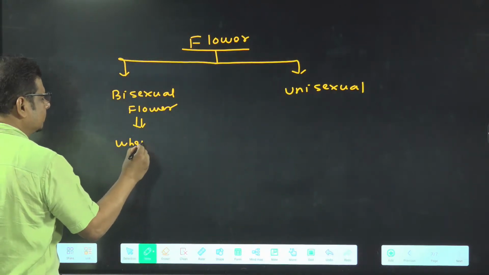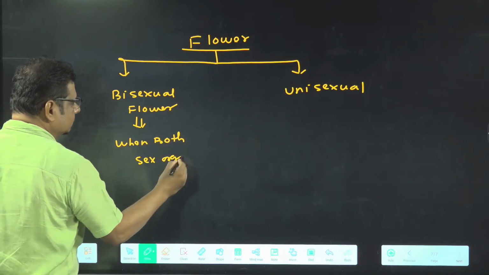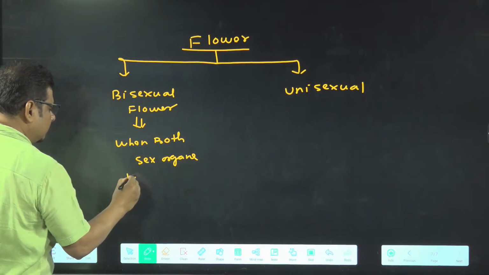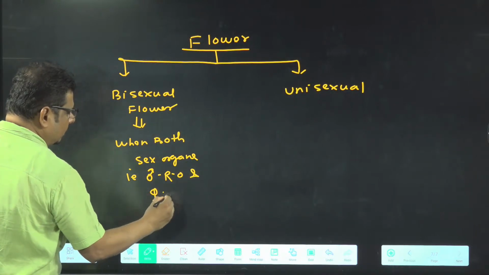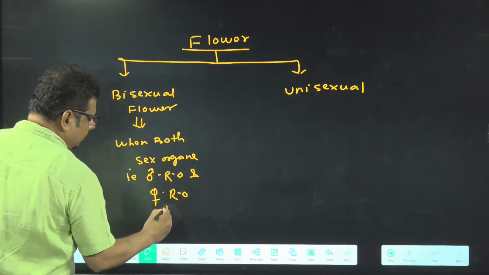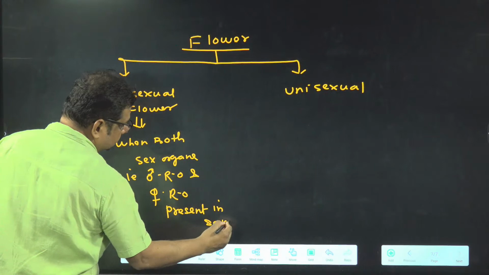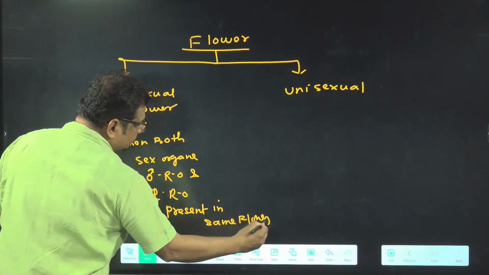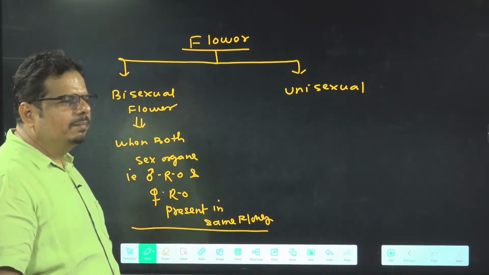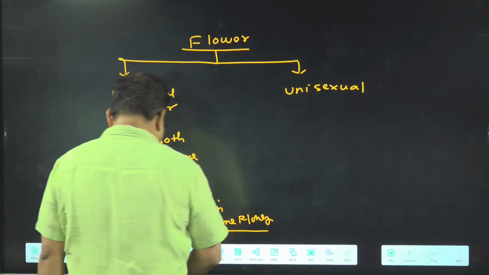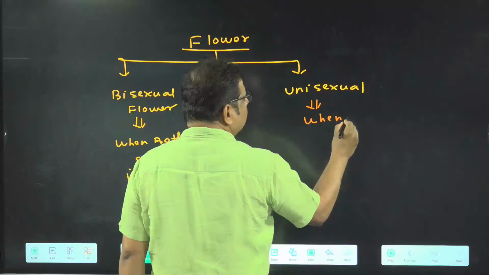When both sex organs, that is the male reproductive organ and the female reproductive organ, are present in the same flower, it is called bisexual flower. Now, if we talk about unisexual flower, it is when either of the sex organs is present.